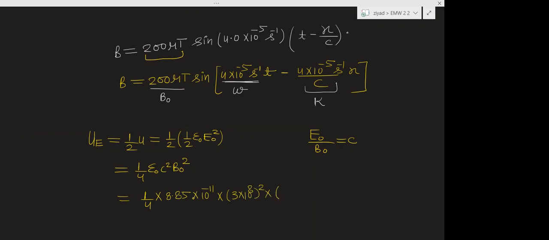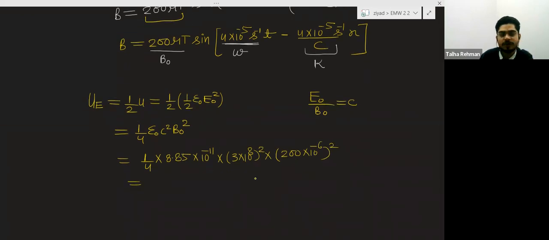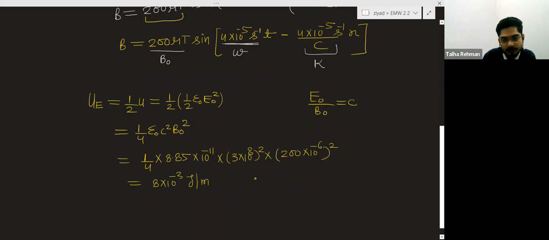And B naught square means 200 micro Tesla, 10 to the power minus 6, and square of this. Basically, on calculation, you will get 8 into 10 to the power minus 3 joule per meter cube. So this will be the energy density corresponding to.